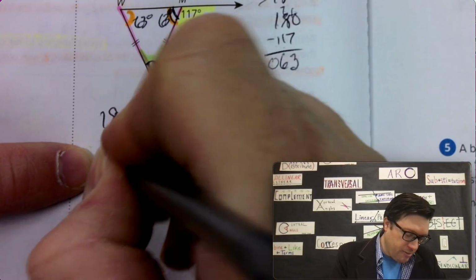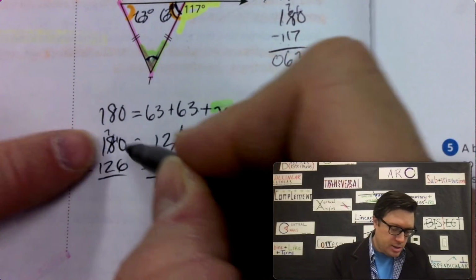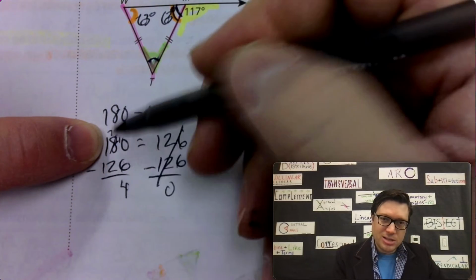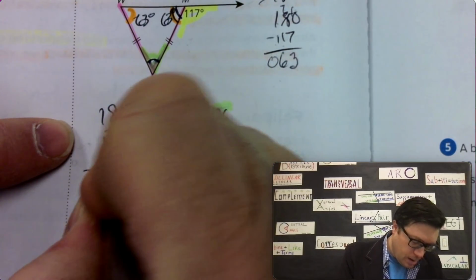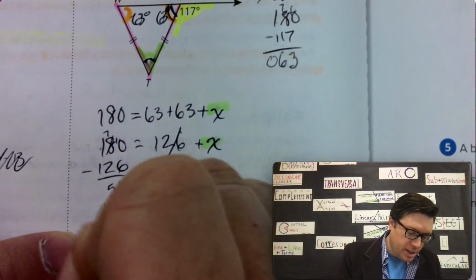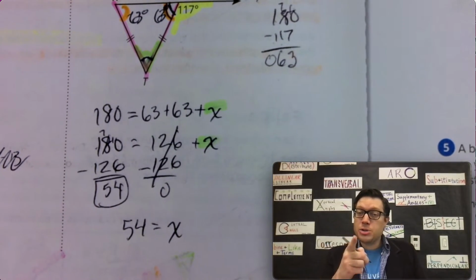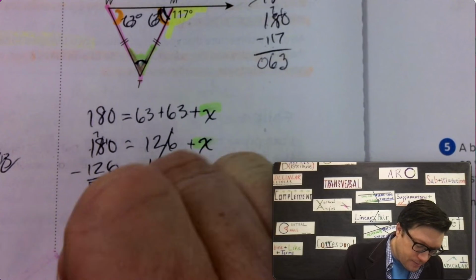So we're going to borrow from the 8, make the 0 into a 10 by sending a 10 down. And so then it's going to be 10 minus 6. And it's no longer 8, it's now 7. 7 minus 2 makes 5. The 1 and the 1 cancel, so we're actually done. 54 equals x, which is also, of course, the measure of angle t. And we're done.